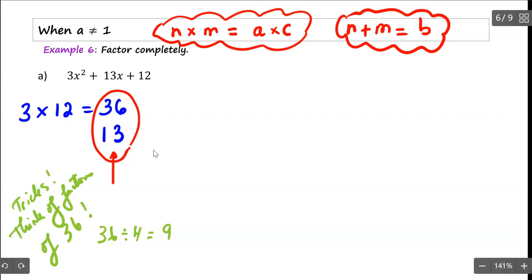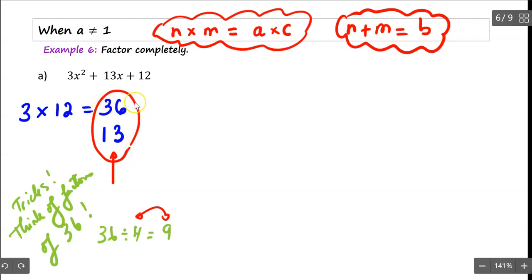Okay, and take a look at 9 and 4. Are they somehow related to each other? They add up to be 13. So that's why I mentioned 13 is a prime. So you cannot divide it, 13 is a prime, so its factors are 13 and 1. Okay, so that means this number doesn't divide evenly by any number, only by itself or by 1.